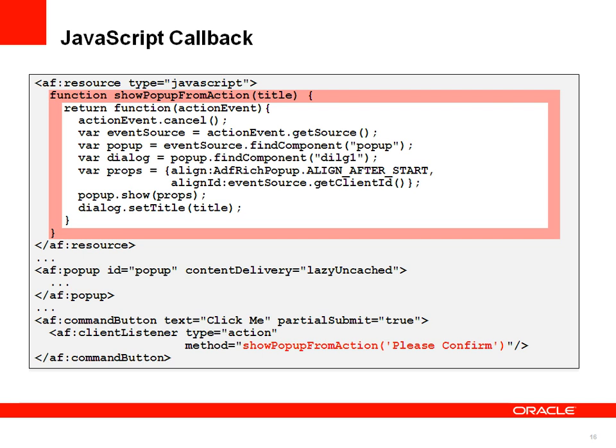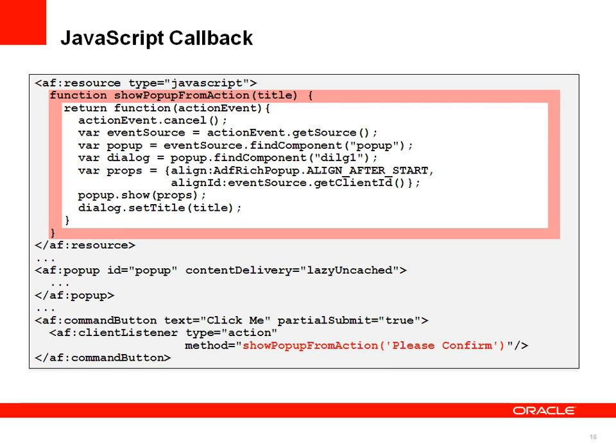You see that we call the client listener method as show popup from action and then "please confirm". But within this show popup from action JavaScript function, we do have a return function, and then we define the return function, which is actually the event handling functionality in ADF Faces.